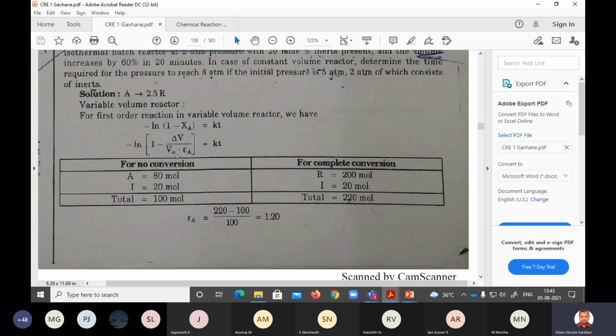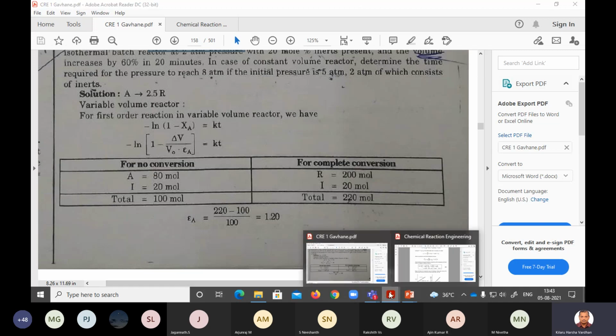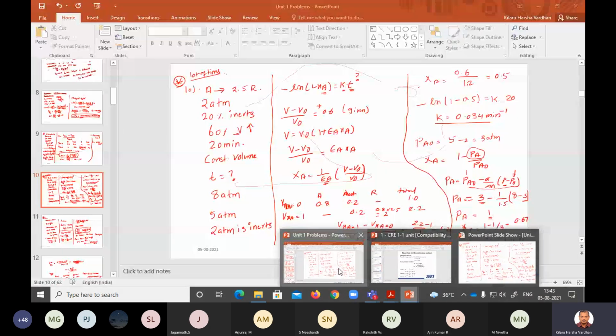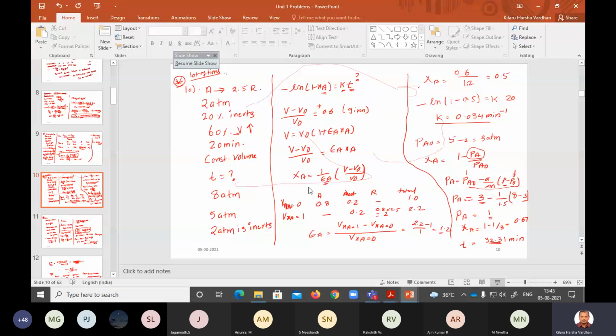What I am doing is remembering for a first order reaction only this, and from this only I will derive. I'll just try to include the variable volume, whereas this particular formula is for the variable volume. I don't want to remember this. Understand? So instead of remembering, I'm just trying to calculate and then substitute.